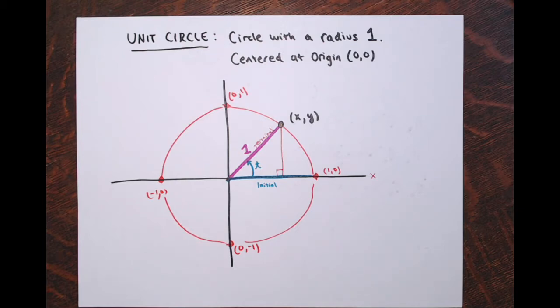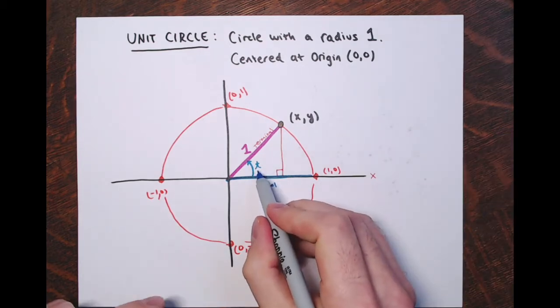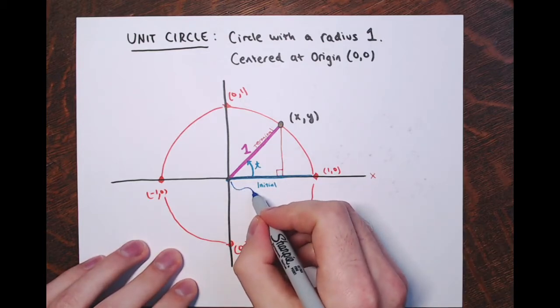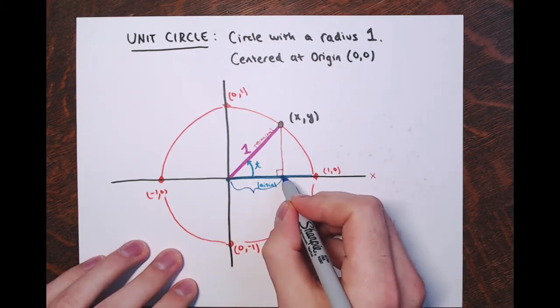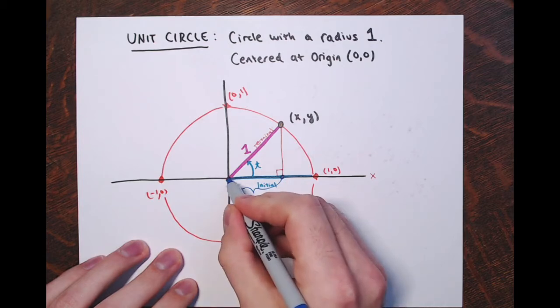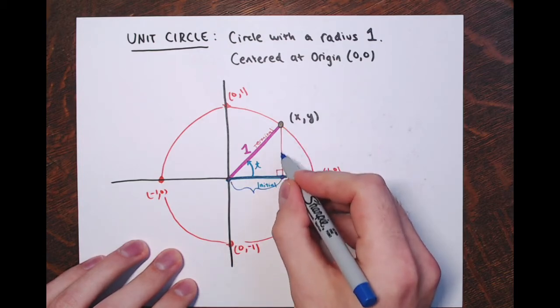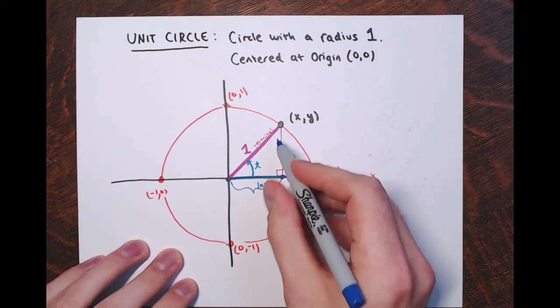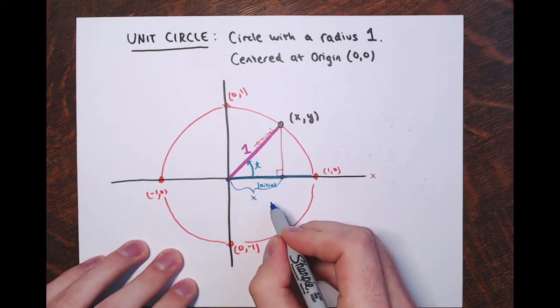Now, because I have a right triangle, we can talk about finding the sine and cosine and tangent of this angle t, this t radians or t degrees. This leg here, from the origin to right beneath the point, if you go directly beneath a point, that's just the x coordinate of that point.